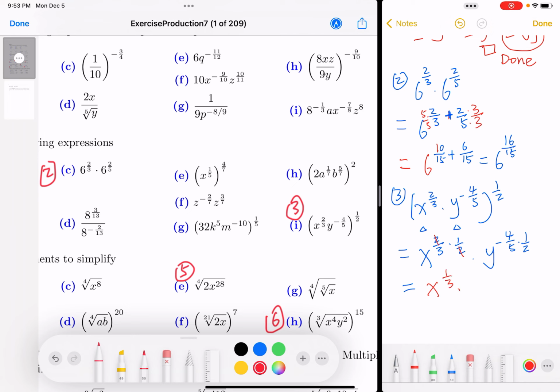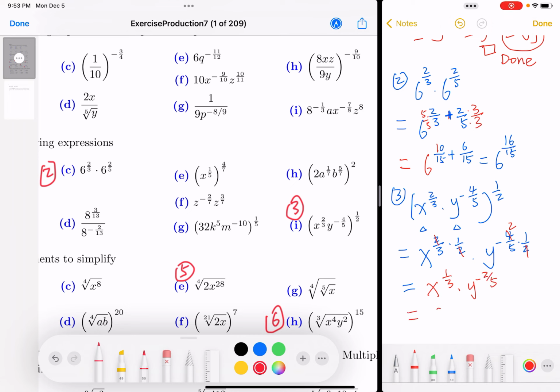Down here, you have a 2 here. 4 divided by 2 is 2. So you then have a y to the negative 2/5.